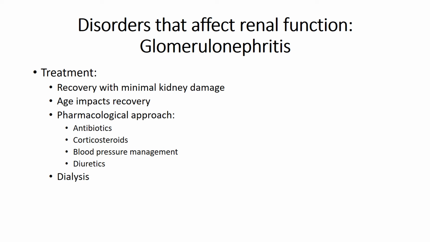And so management of blood pressure also becomes a form of treatment, and specifically we would probably be wanting to look at ACE inhibitors, so angiotensin converting enzyme inhibitors. Maybe we would want to use beta agonists, calcium channel blockers, or diuretics. And so we would want to increase the amount of urine production by using a diuretic, something like Lasix, which is a loop diuretic.